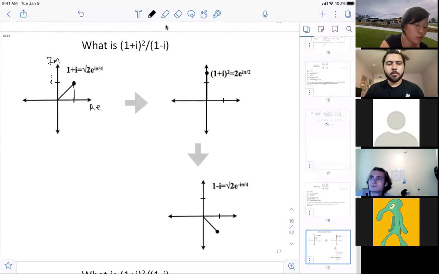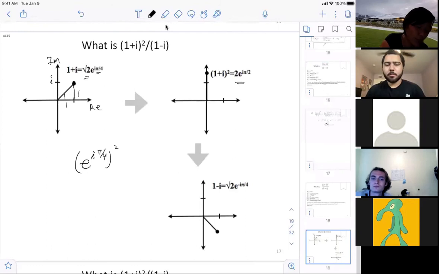That's √2, the magnitude. And this is 45 degrees, pi over 4. And we square that. It becomes e to the i pi over 4 squared, the power will multiply into the exponential, so it becomes pi over 2.